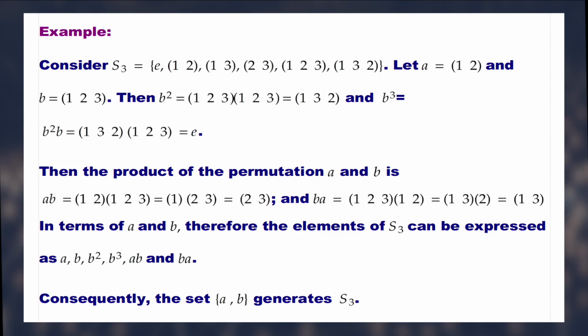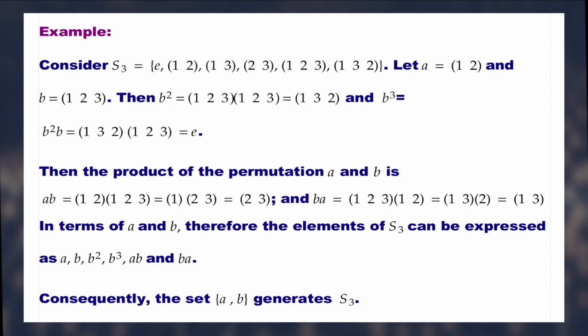Here 1 goes to 2 and 2 goes to 3, implies 1 goes to 3. Next, 2 goes to 3 and 3 goes to 1, implies 2 goes to 1. Similarly, 3 goes to 1 and 1 goes to 2, implies 3 goes to 2. So finally, we get B squared is equal to the cycle (1 3 2).